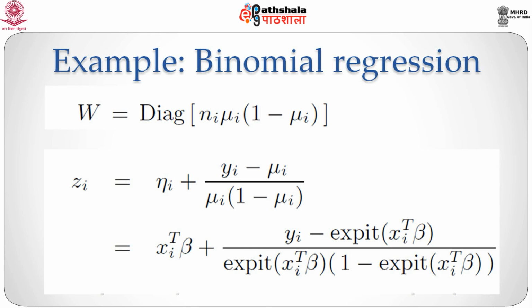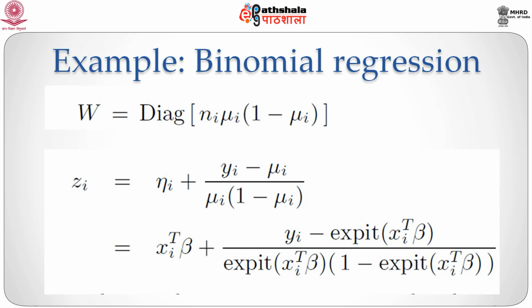So in the context of binomial regression, fitting an IRLS would involve first finding some initial estimator. We can do this by using least squares, using it to construct the variable z1, as also the weight matrix W. We can then fit a weighted regression of z1 on X using the weight matrix W1, to get the new estimator beta 2.